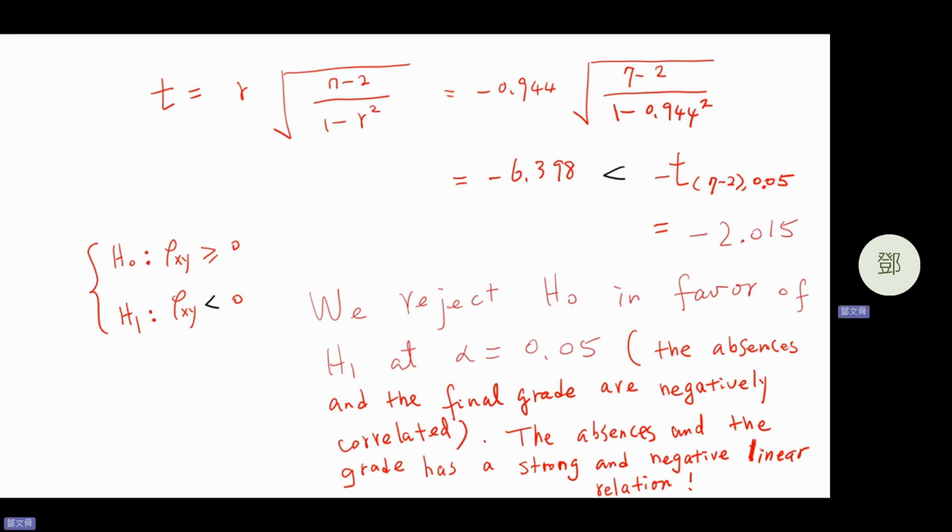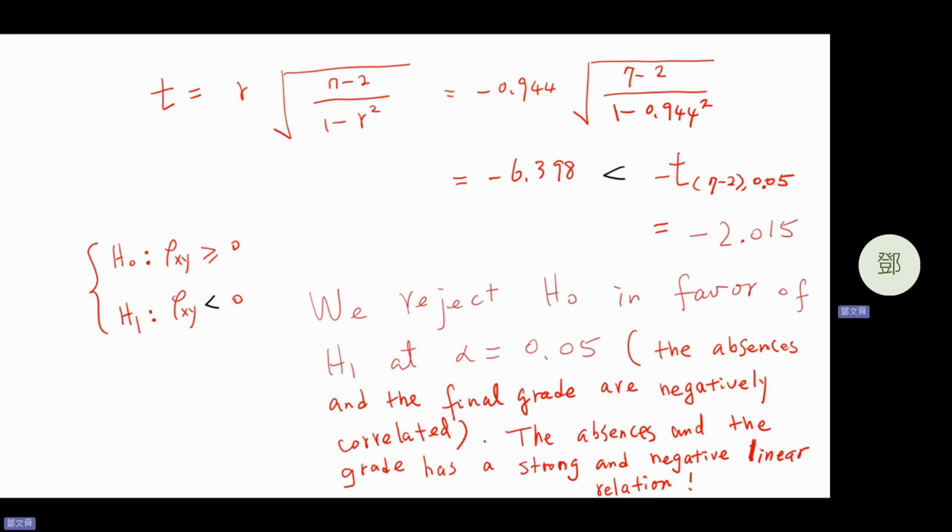The absence and the grade have a strong and negative linear relation. I will want to see this answer in your final exam. Any questions? And what is the decision we take? We take this assumption. And we reject this one.